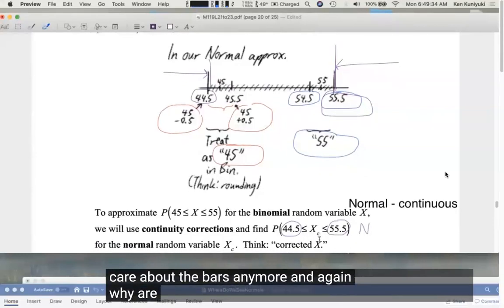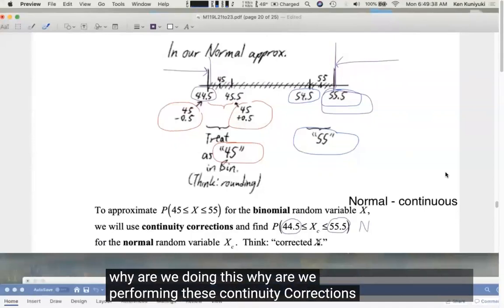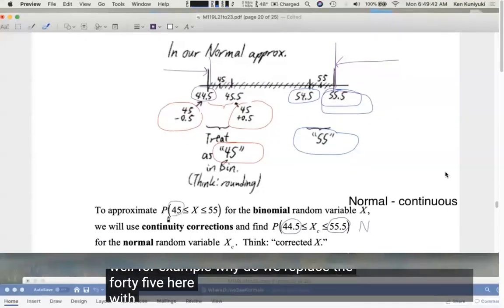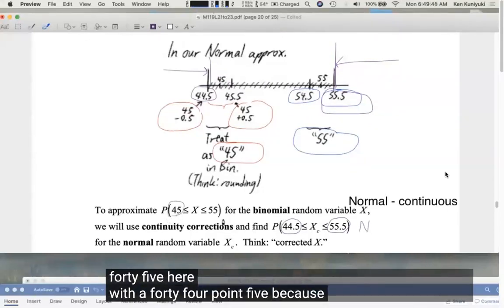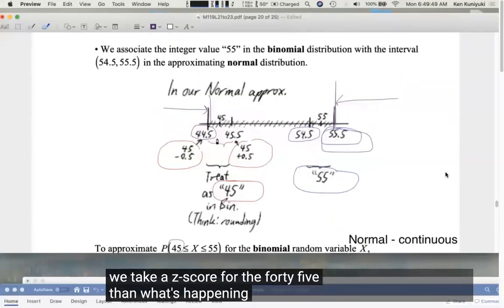And again, why are we doing this? Why are we performing these continuity corrections? Well, for example, why do we replace the 45 here with the 44.5? Because if we take a z-score for the 45, then what's happening?